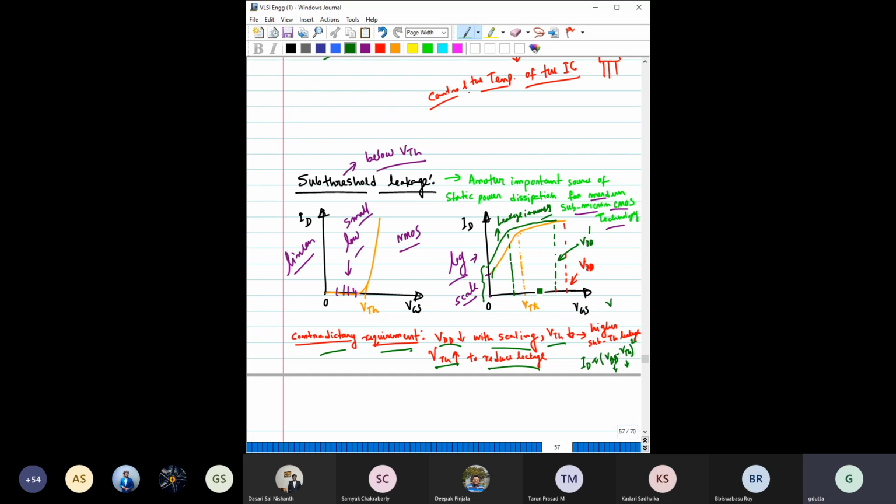There is some limit beyond which you cannot reduce it, because if you do further reduction, then due to subthreshold leakage, the power you will be dissipating will be enormous. Is this part clear to you?